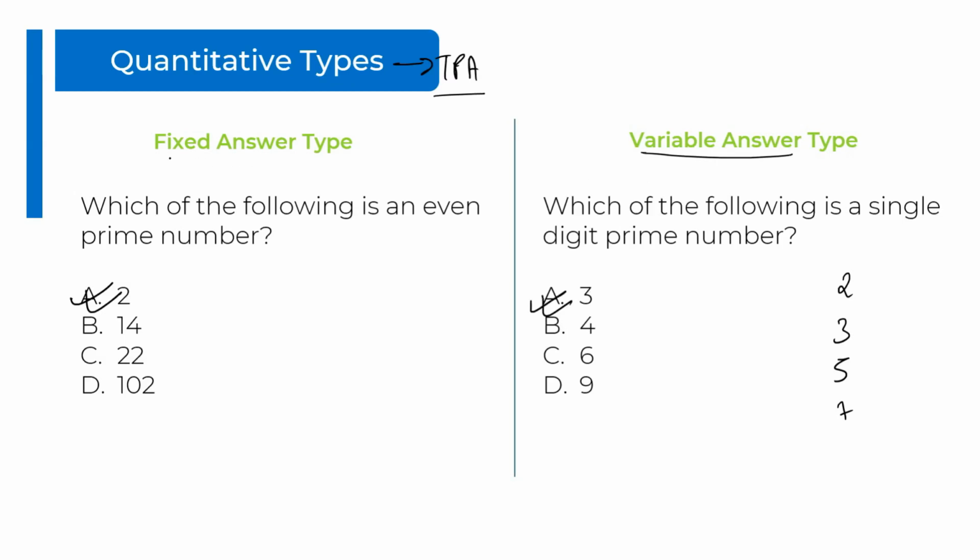Here there is only one fixed answer, that is two, but here there are multiple possible answers, and I need to search among the options which one to click. So we have one question for each of these types, the fixed answer and variable answer, and we will try to understand the strategy behind each of them through the questions.